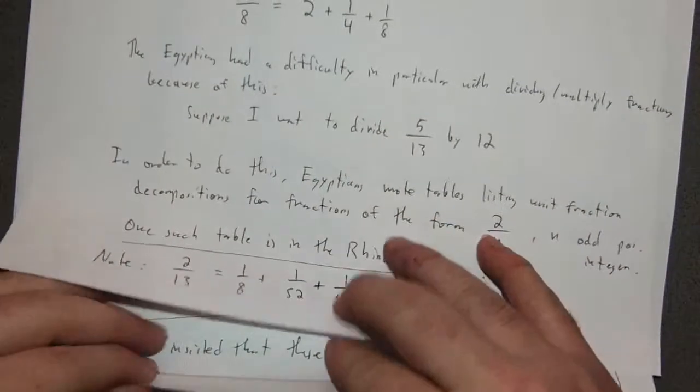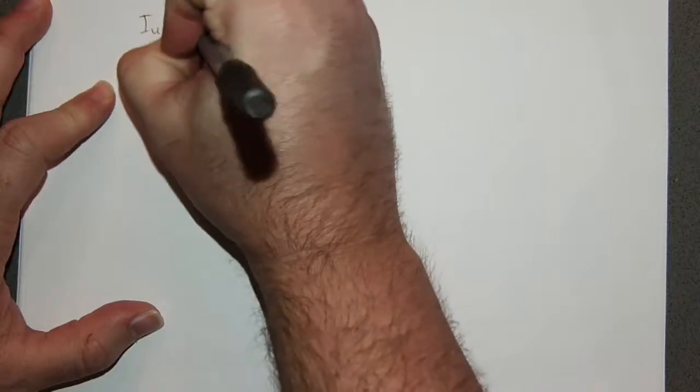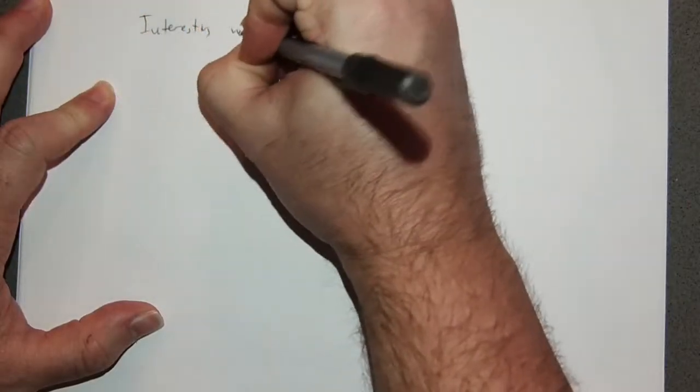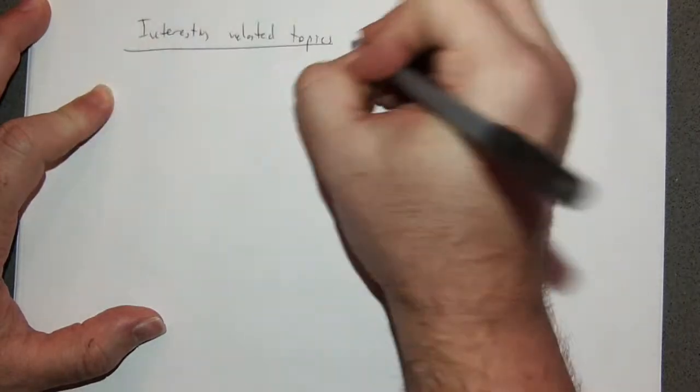So let me point out, there's a couple of interesting related things. So the question is, can you always do this? Can you always express these types of fractions as sums of some particular types of unit fractions?